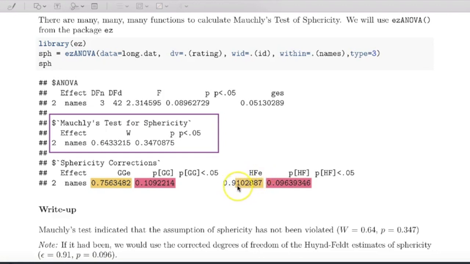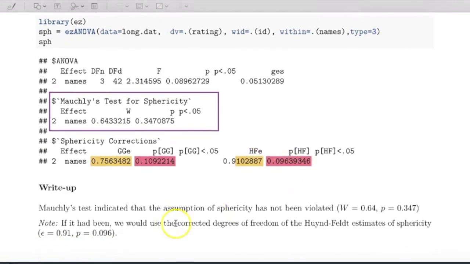This would be the epsilon for that. These 2 yellow ones are the epsilon, and then these 2 pink ones are the p-value. Here, because it's not lower than 0.75, and it is just by a hair, I would report the Huynh-Feldt, and then I would report the p-value. And here's my example of how I would do that.